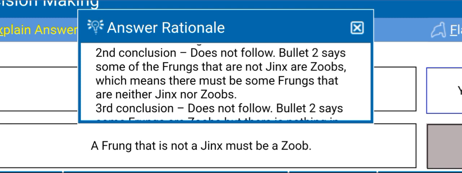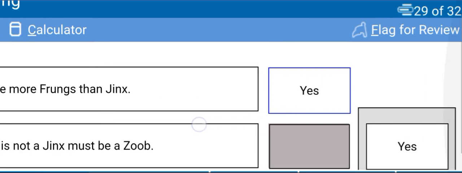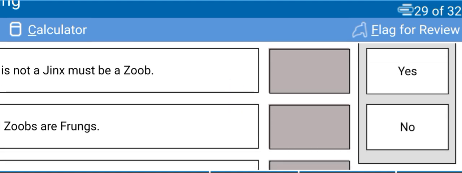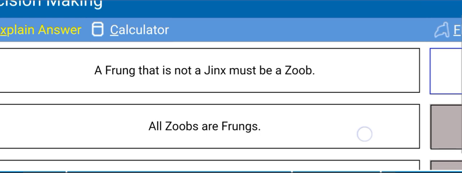It does not follow, as bullet 2 says some of the frunks that are not jinks are zoobs, which means there must be some frunks that are neither jinks nor zoobs. So the second conclusion does not follow. So we have the no that we will drop here in front of this conclusion.